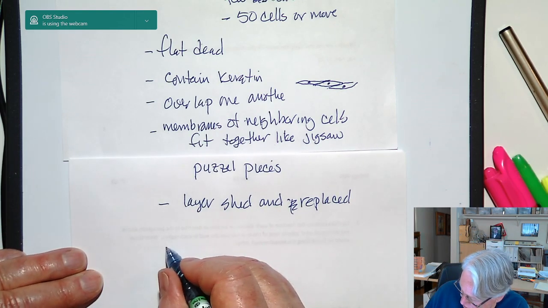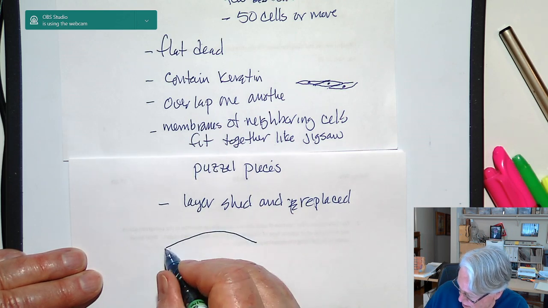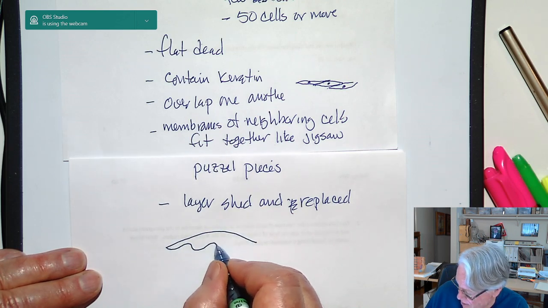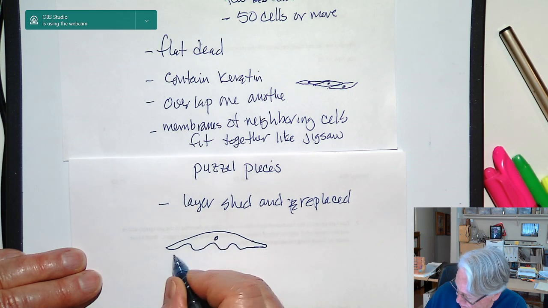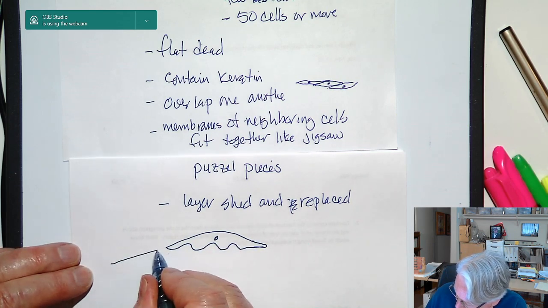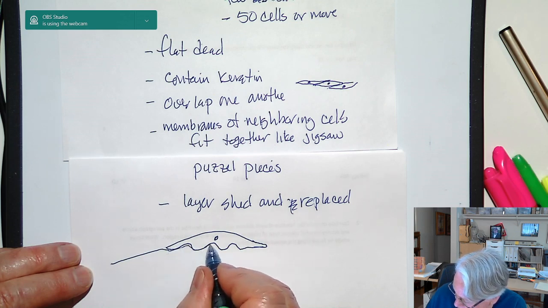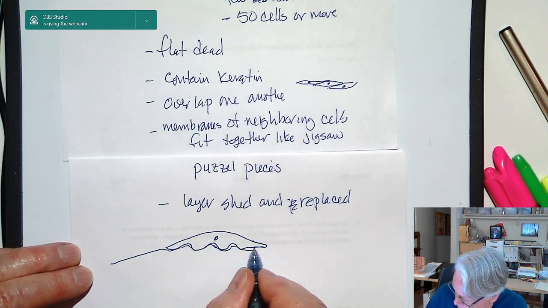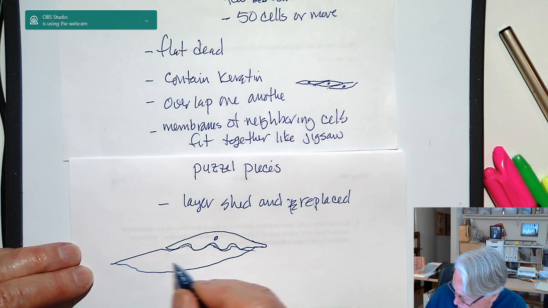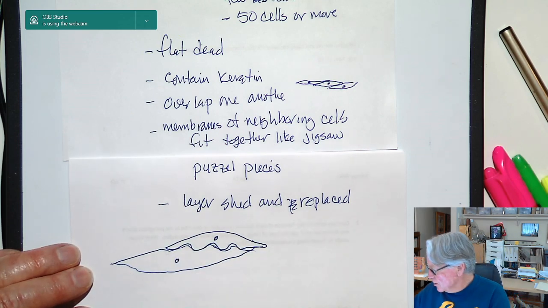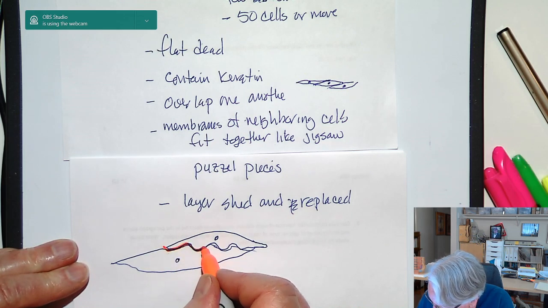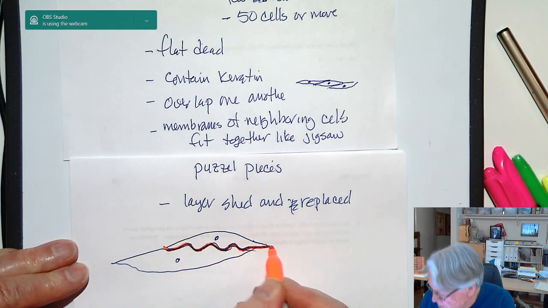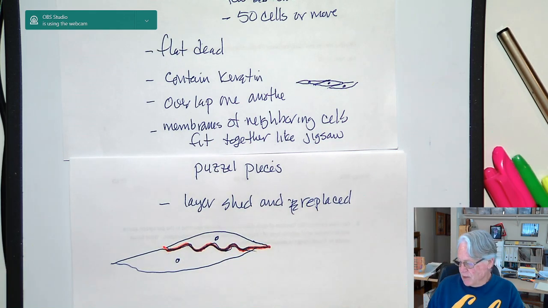I'm going to have one very large cell, and what you see is this kind of arrangement where one cell, its membrane is kind of like a puzzle piece with its neighbor, and we get that kind of thing going on.